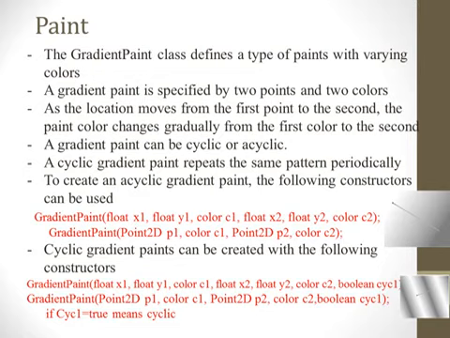Vertically means along the y-axis, from down to up or from up to down, as we like, from red to green. Here, as we can see, we create a new rectangle with upper corner (10, 10), and the width and length are 200. We define the paint, which is the gradient paint, equal to new GradientPaint.